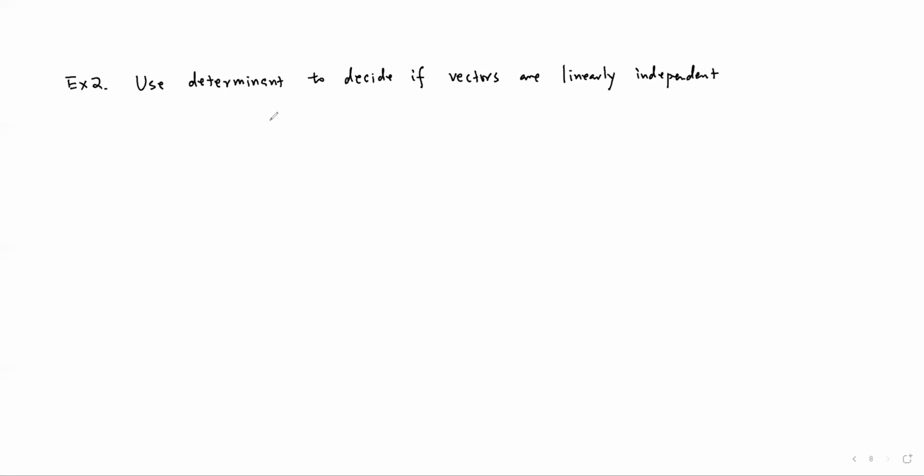The vectors are 4, 6, 2. The second vector is -7, 0, 7. And -3, -5, -2.